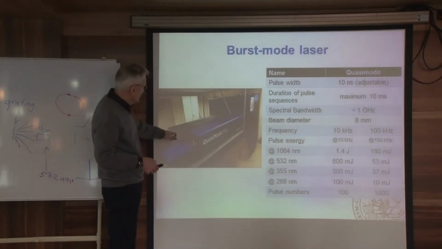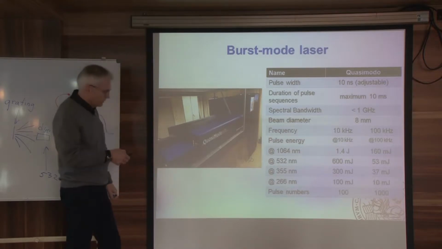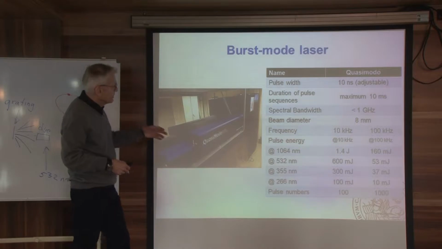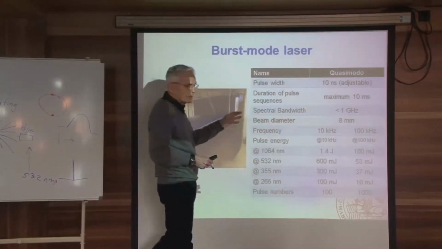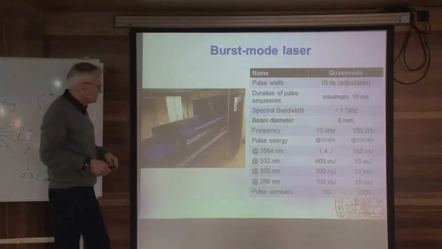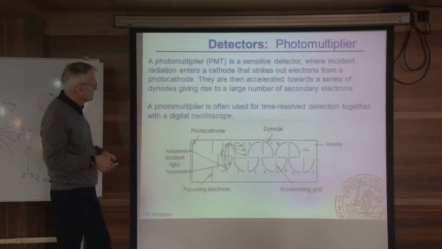Fortunately, recently there is another very high power laser, called a burst mode laser, where you can get a frequency up to 100 kilohertz with up to 1,000 pulses. So this is, I would say, right now the most advanced laser for diagnostics.